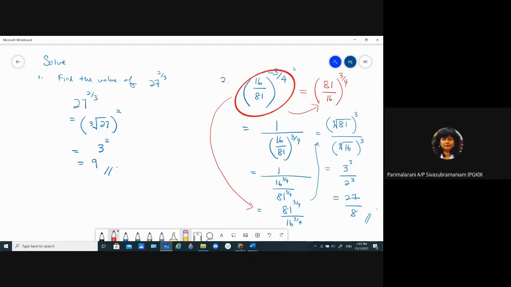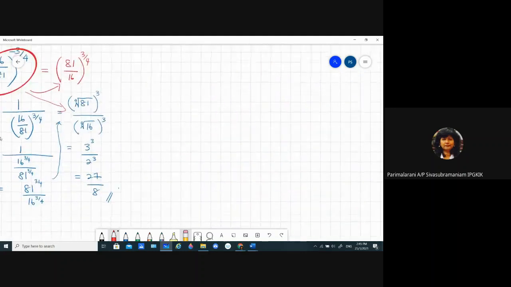If the power is negative, we just turn this upside down and put the power of positive 3 over 4. So you can skip all these steps and go straight to here. If you understand this already, yeah? If you can't remember this, then you go through the steps step by step, do it logically. Okay, so this is question 1 and question 2.